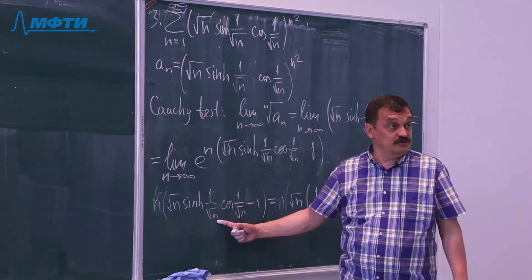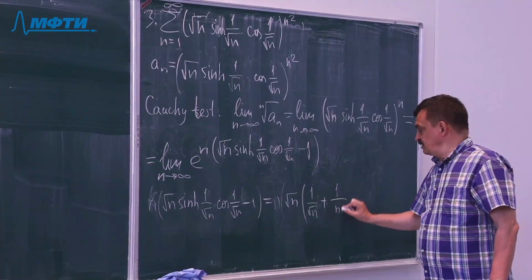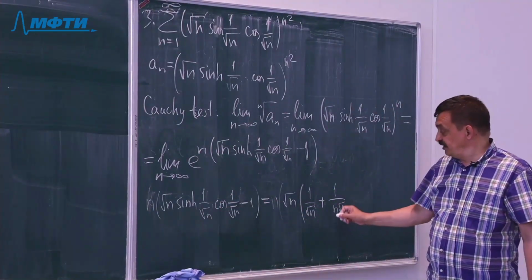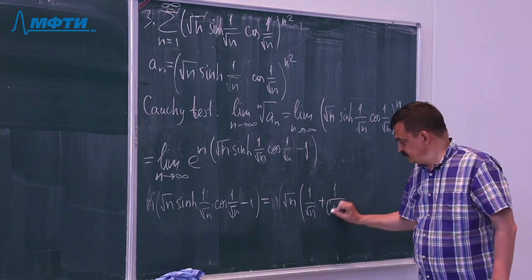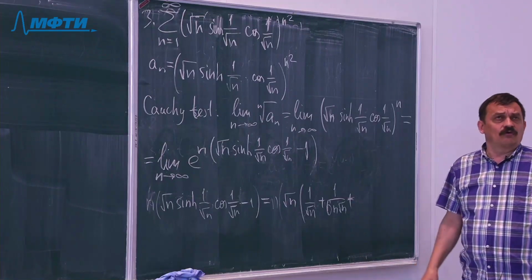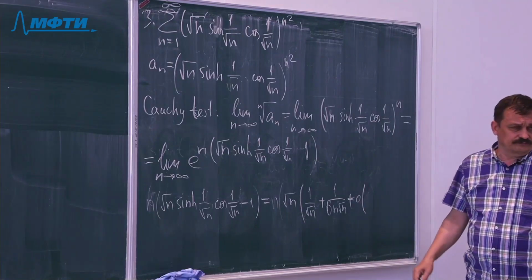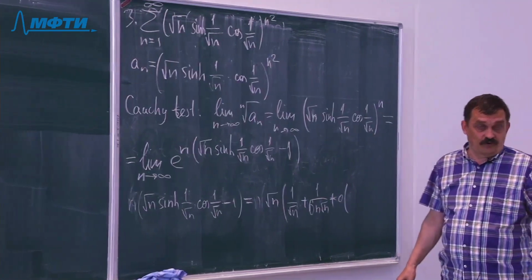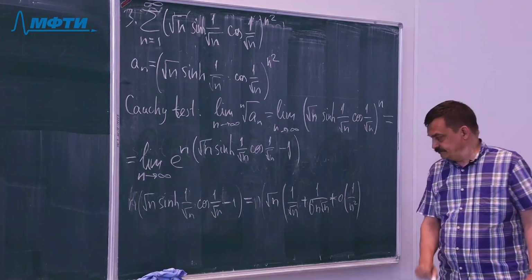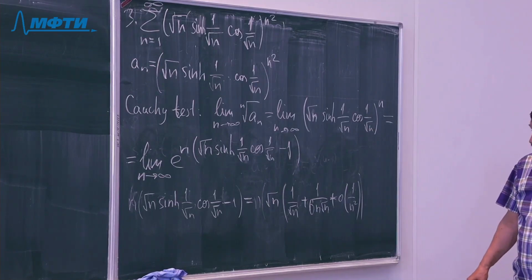Then third degree, 1 over n square root of n, cube of this expression. Coefficient is 3 factorial, so 6. And larger powers, little o of powers more than fourth. Fourth power gives 1 over n squared, right? That is for sine hyperbolic.